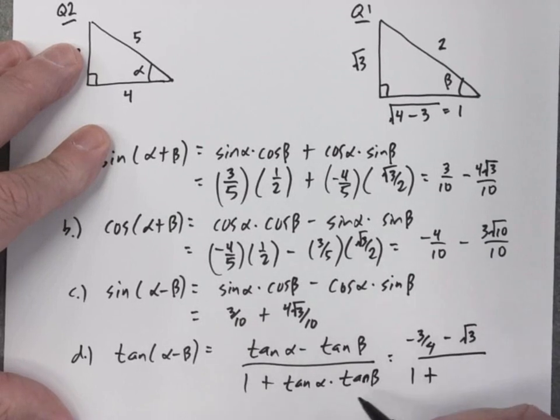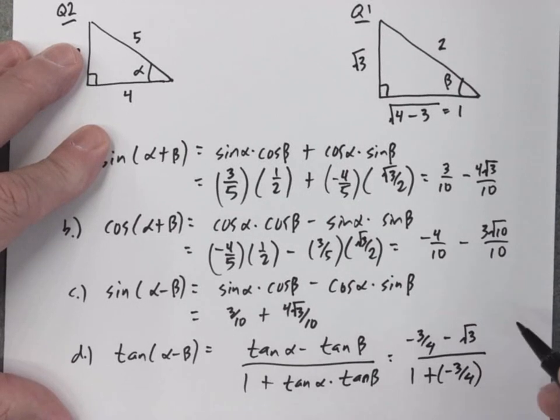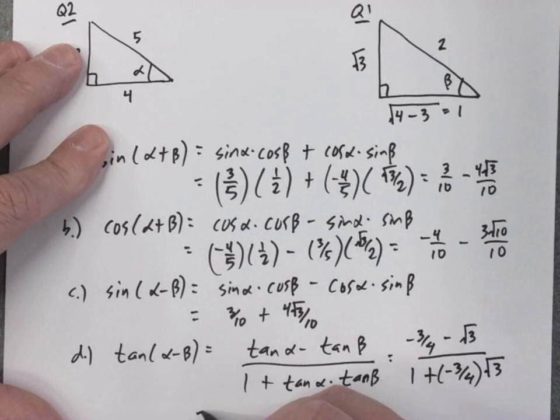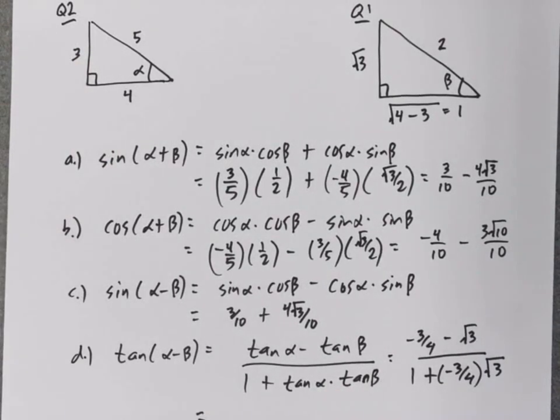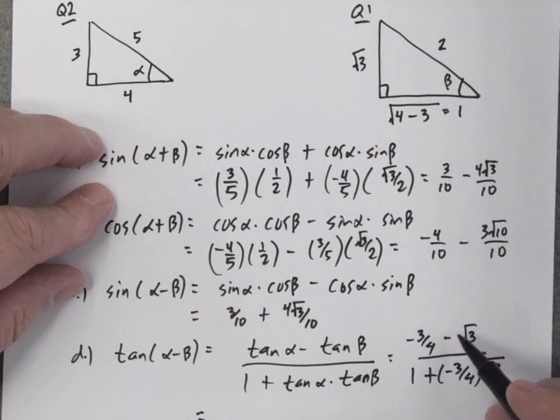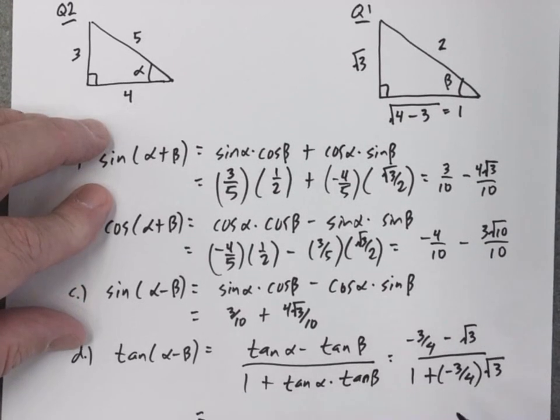1 plus tan alpha times tan beta. So this is one where there's probably some major simplifying that we're going to have to do. What do we do? Let's combine these into one fraction, multiply top and bottom by 4.